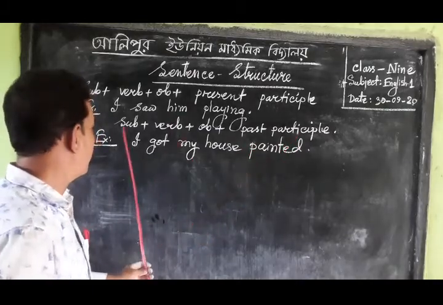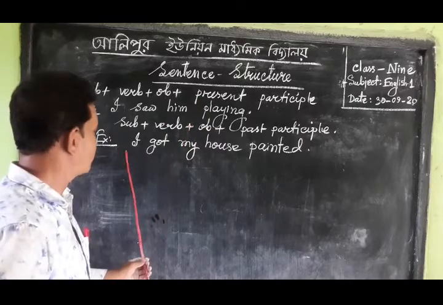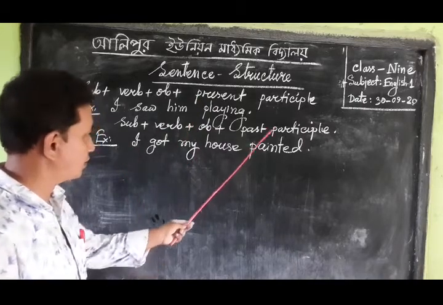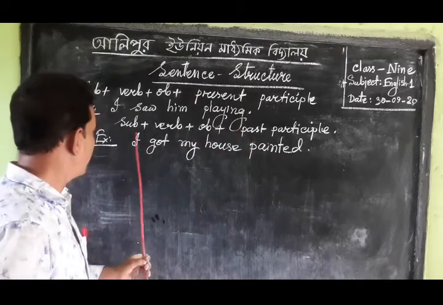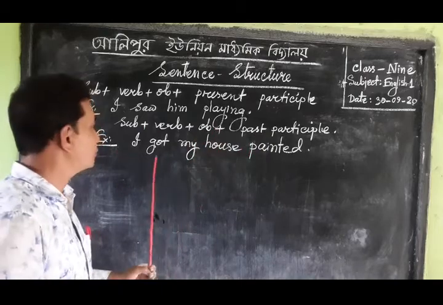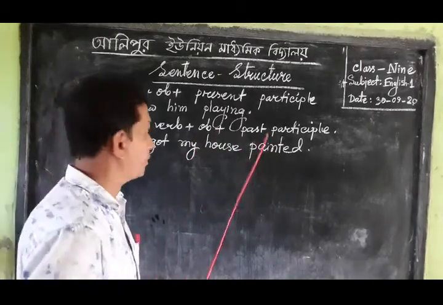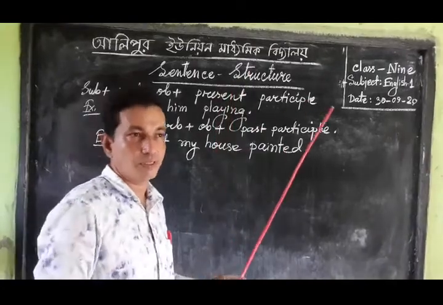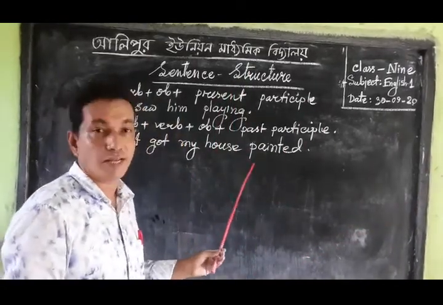When I get the sentence in such a way using this structure, I can write another type of sentences using this structure, and we sometimes find in question paper in substitution table there are so many sentences like this.